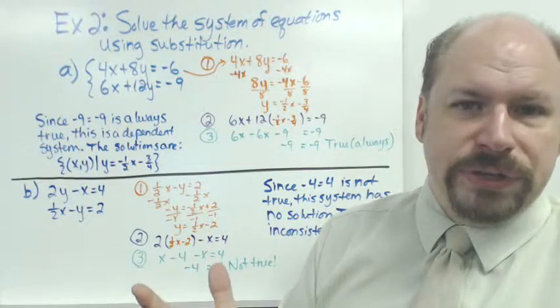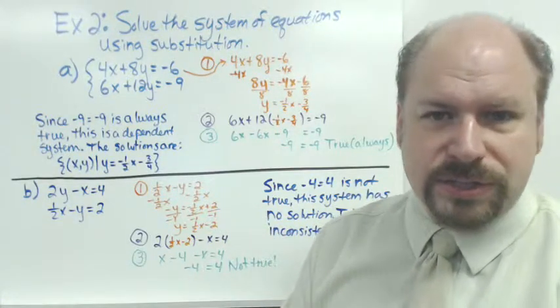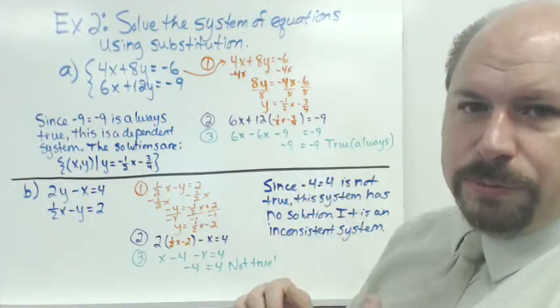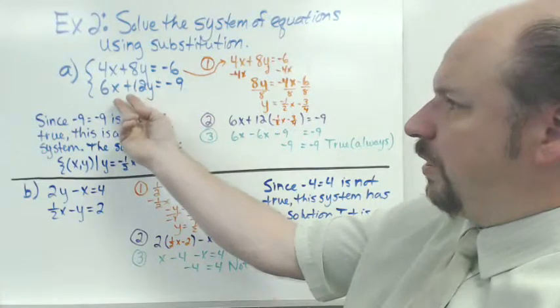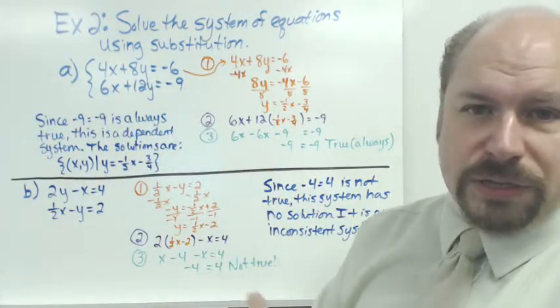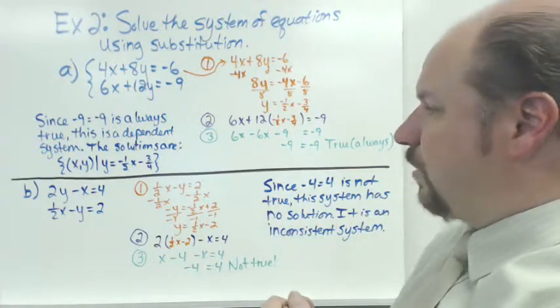So remember when we talked about dependent systems and inconsistent systems, since this is always a true statement, what is happening here is these are the equation of the same line. And so we have a dependent system. So we have an infinite number of solutions in this case.